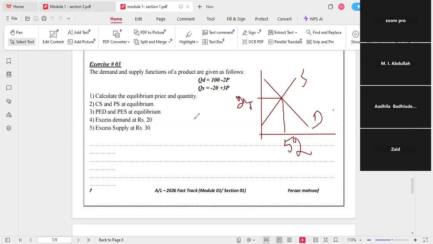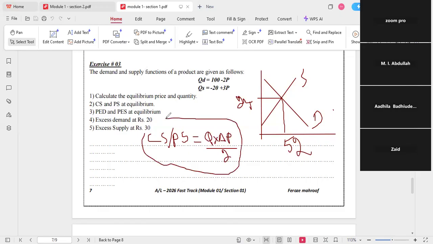Right. So first of all, remember, if you want to calculate the consumer surplus, don't write this, just listen. If you want to calculate the consumer surplus or producer surplus, simply quantity into price change over 2.